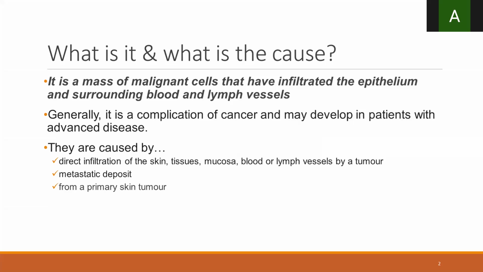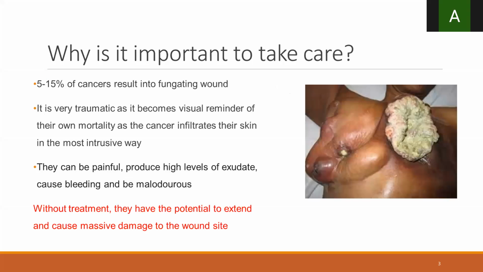As I told, the cause is the direct infiltration of the skin, tissues, mucosa, and underlying blood and lymph vessels by the tumor itself. The tumor might be developing from the skin, or be a metastatic deposit from a distant tumor anywhere in the body. Next slide, please.